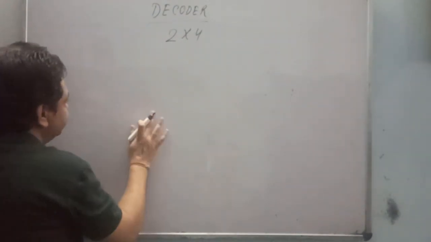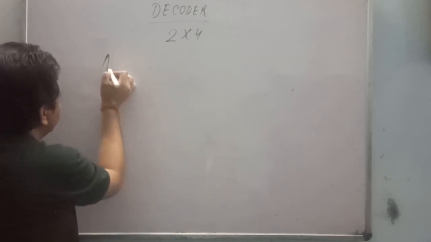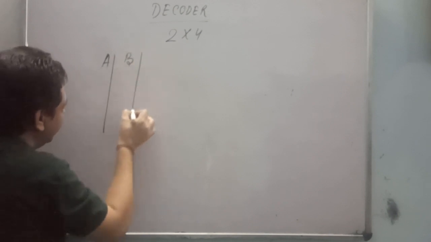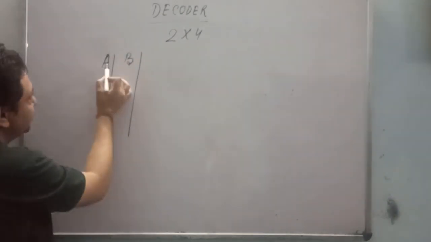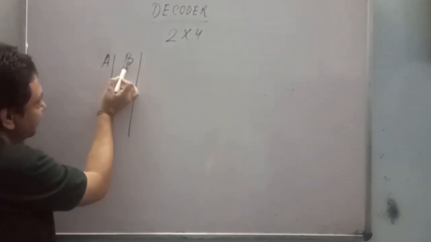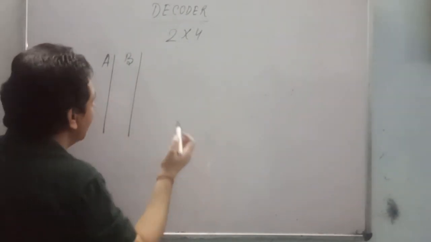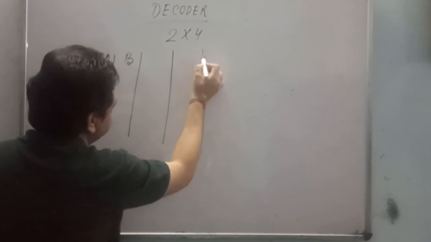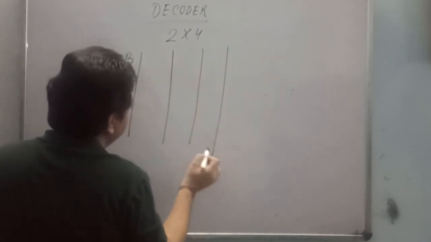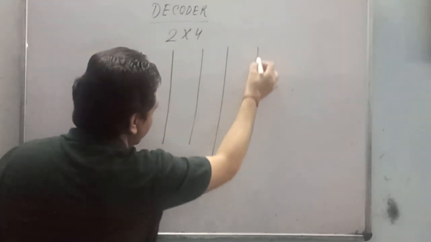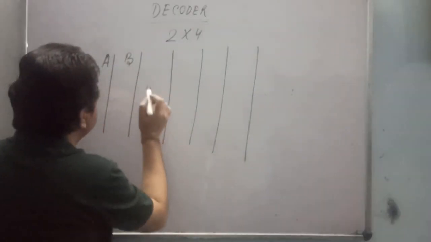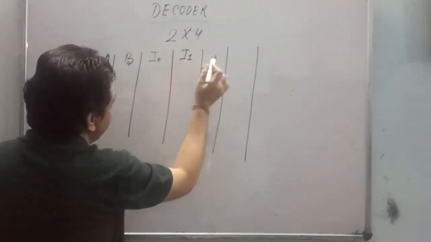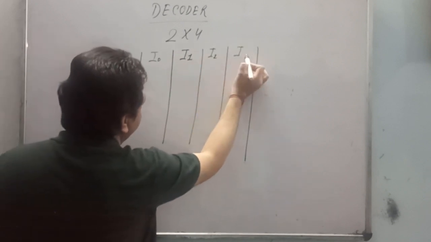So one second, I am taking a truth table of A B. This is my input lines. So 2 to the power 2 is equal to 4, so 4 output lines will be there. One second, I am drawing 4 columns. So this is I0, this is I1, this is I2 and this is I3.